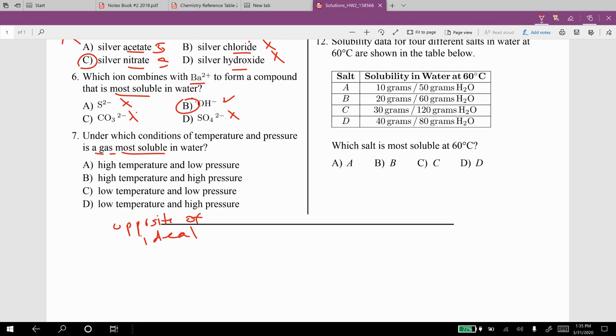A gas wants to spread out and be free. So what is the opposite of ideal? Well, ideal, right, is high temperature and low pressure. So then I'm looking for the opposite of that, which is low temperature and high pressure. So I want low temperature and high pressure.